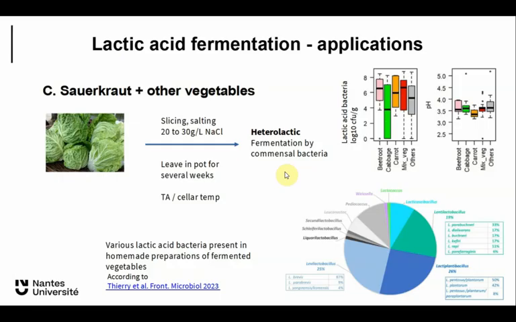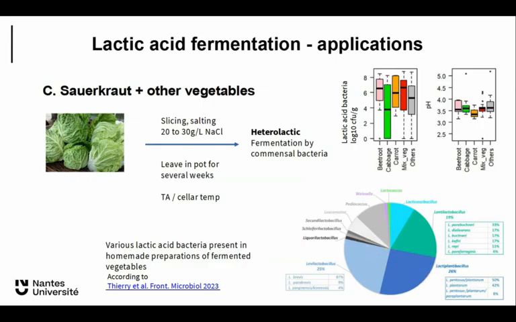So what these researchers were interested in was finding out what are the bacteria involved. And so they had, like, most of the time, these 3 different genera, which are called Lactobacillus, Lactoplantibacillus, and Lactobacillus. So this one is a recent name.